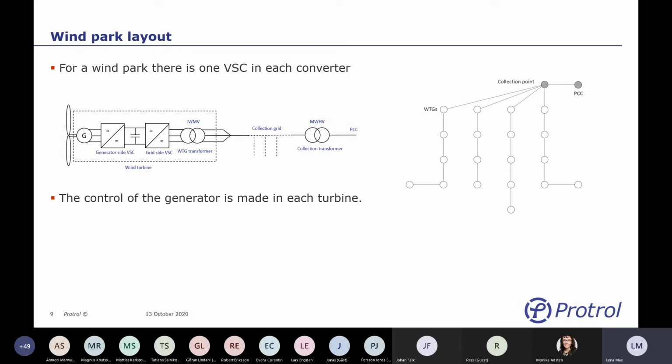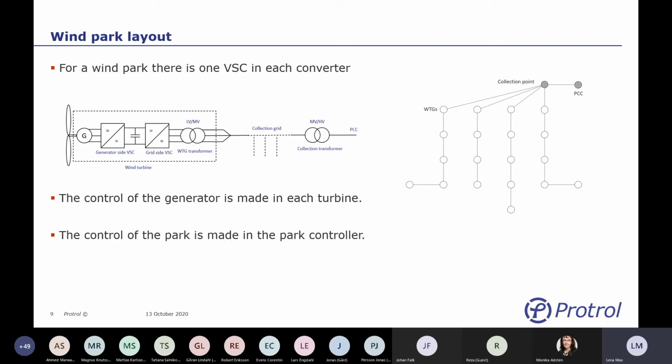And in the turbine, the control of the generator is made in each turbine. We have a generator side converter which will control the generator in the turbine to follow the active power reference that's given. And we have a grid side converter that is controlling the DC voltage on the DC link and also controls the reactive power towards the grid to a given set point.